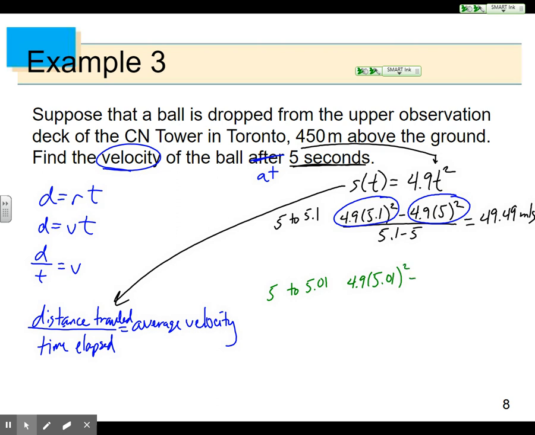That's where the ball is at 5.01 seconds after I drop it off the CN Tower. And this 5 right here is the same number, where it was 5 seconds after I dropped it. The amount of time that's elapsed is 1/100th of a second. And when I put that in my calculator, I got 49.049 meters per second.